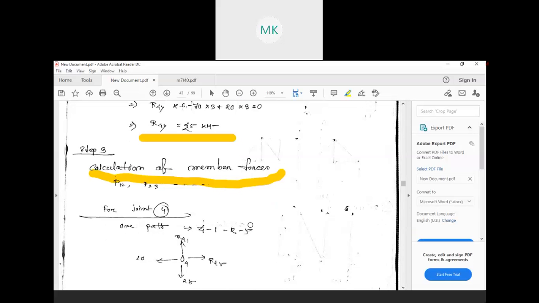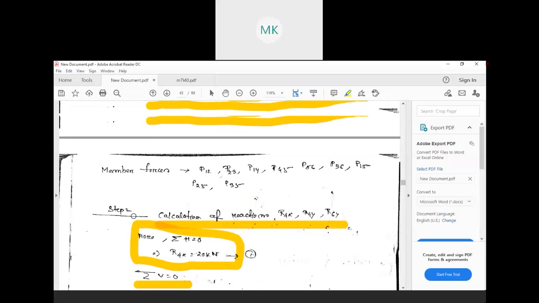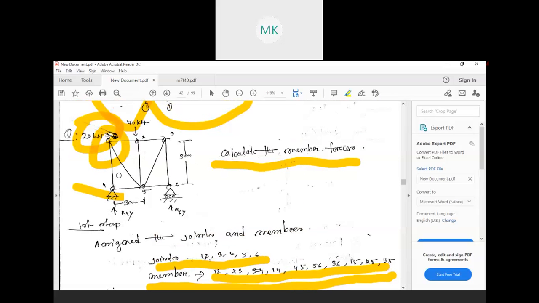For that, we need to consider each joint one by one. So we are considering joint 4. You can consider any one, but we are considering this joint because we already know two values, R4y and R4x.